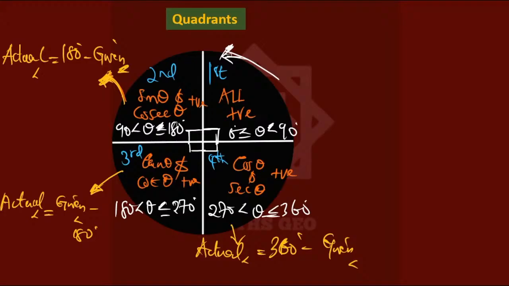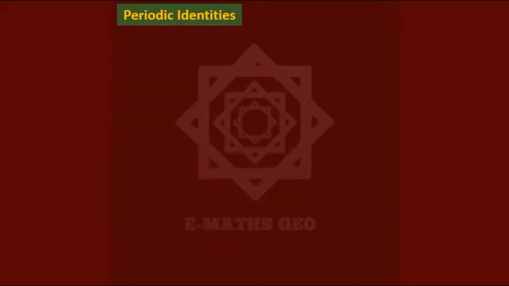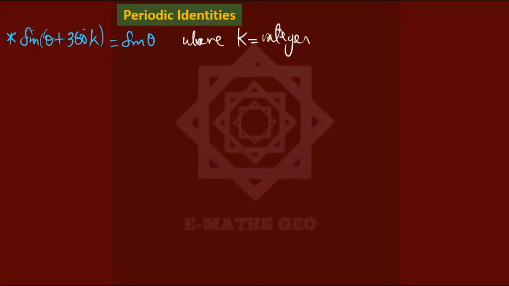So let's look at this identity. I'm going to write only 3; the remaining 3 are the reciprocals of the first three. So if you have sine of something higher than 360, that's sine of theta plus 360 degrees times k, it is equal to sine theta, where k is an integer, mostly a positive integer.